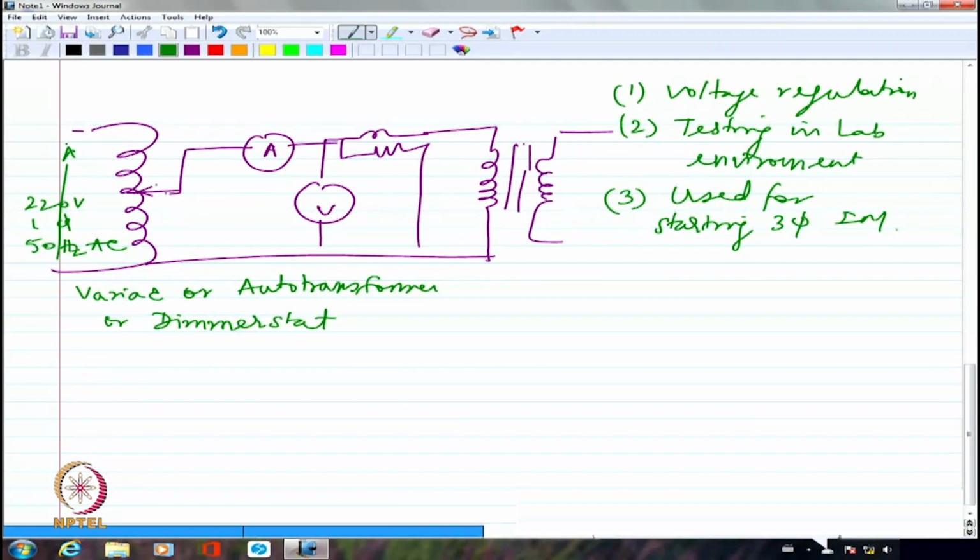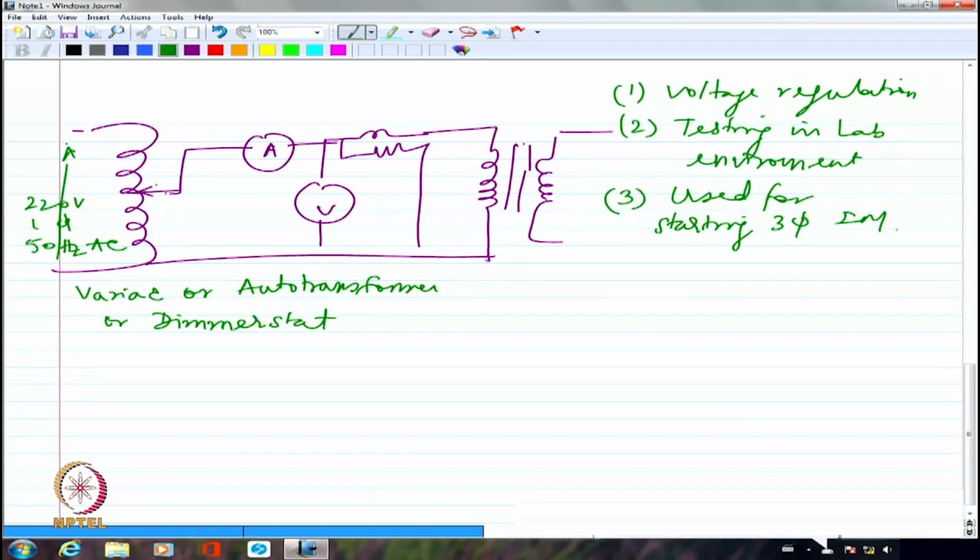How much copper saving happens in an auto transformer as compared to a two-winding transformer of similar rating? So instead of using two windings, I'm going to use a single winding. So how much copper saving will happen when we have comparable ratings in both the cases? So you guys will study that on your own, and it is not given in PC Sen.